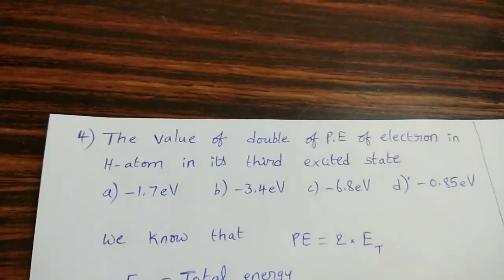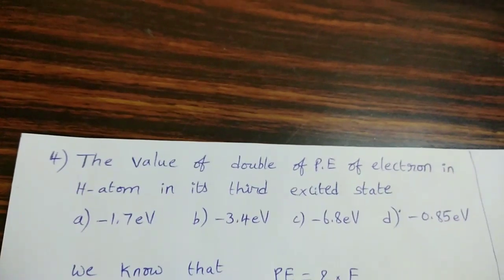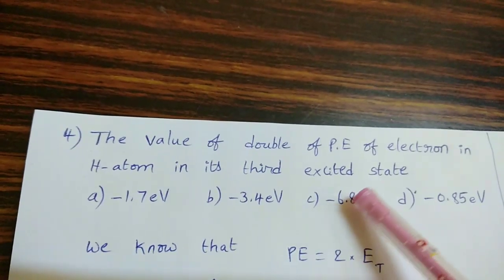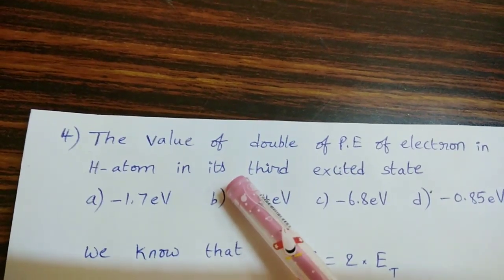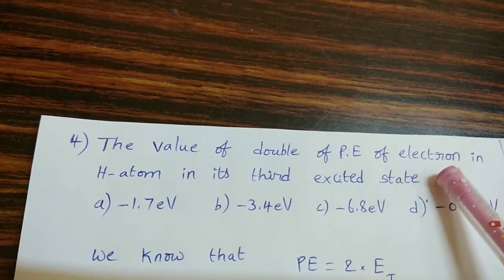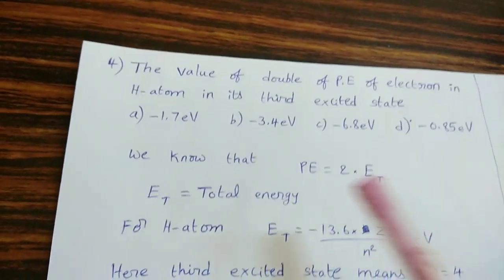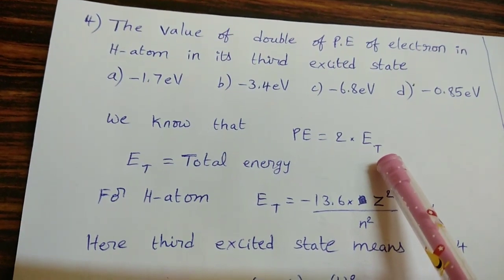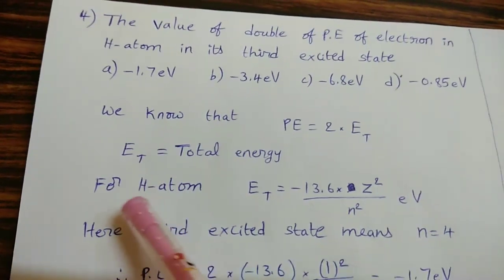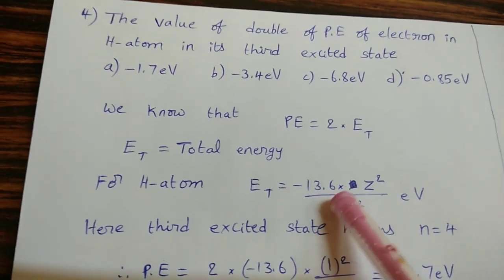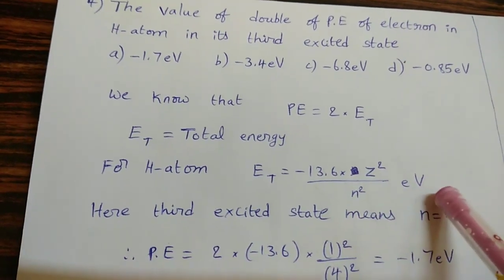Next, say this, the value of double of potential energy of electron in hydrogen atom in its third excited state. In the hydrogen atom in third excited state, double of potential energy of the electron, how much? See this, we know that potential energy equal to 2 into total energy. Here Et means total energy. For hydrogen atom, Et equal to minus 13.6 into Z square by n square electron volt.